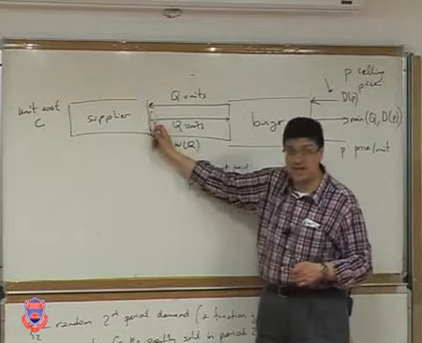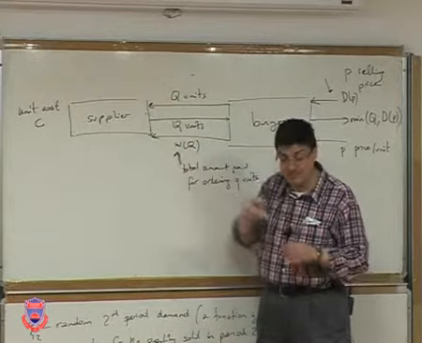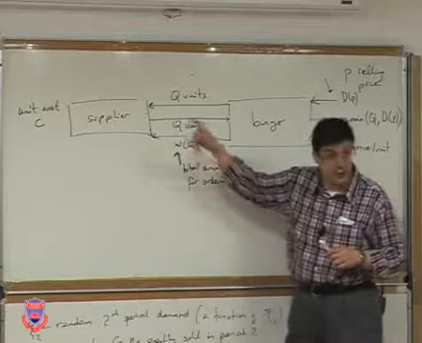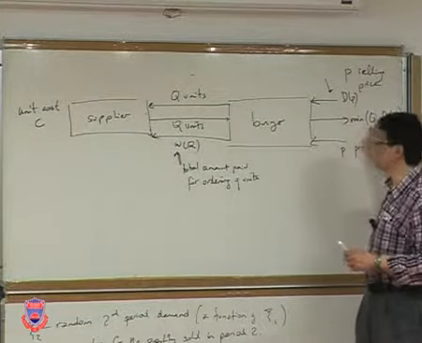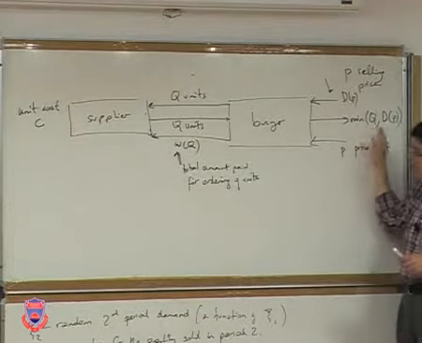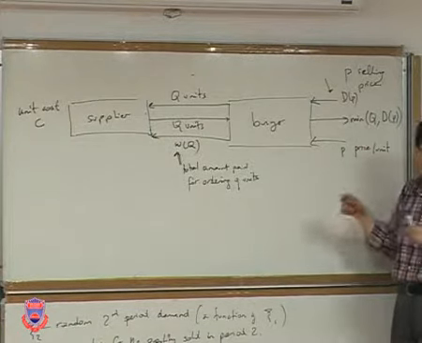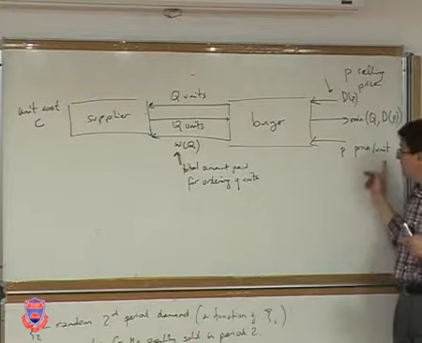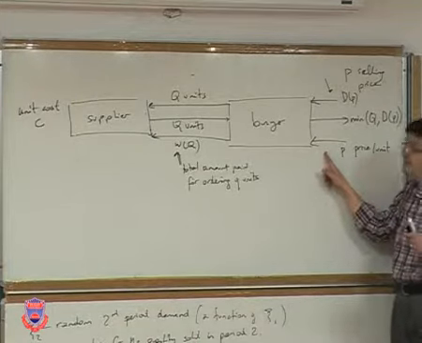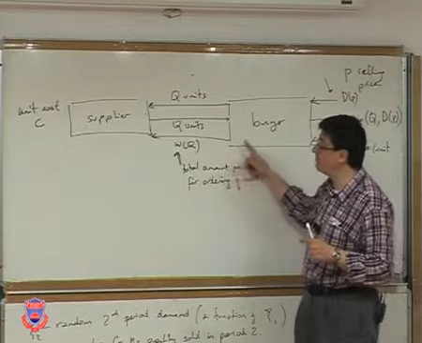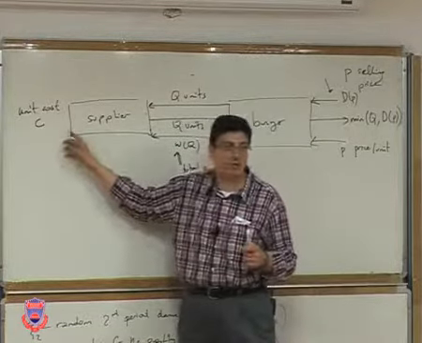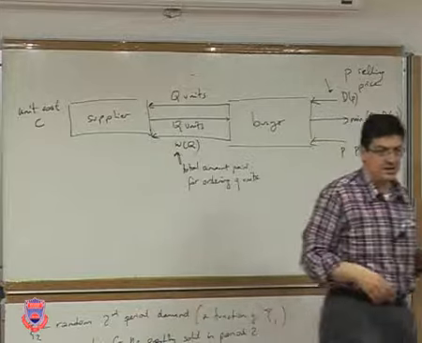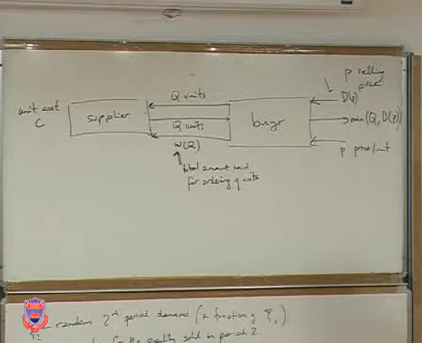The middle level is the physical material flow. Q is flowed, and then you satisfy customer demand. The bottom part is the financial flow. Okay, financial flow from the market to the buyer, financial flow from the buyer to the supplier, and the financial flow from the supplier for its own costs.